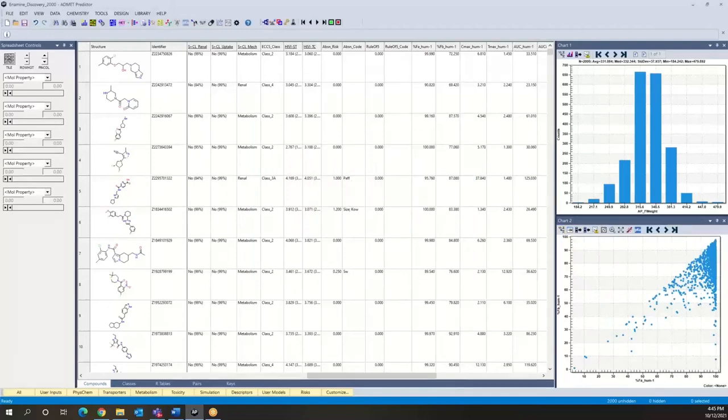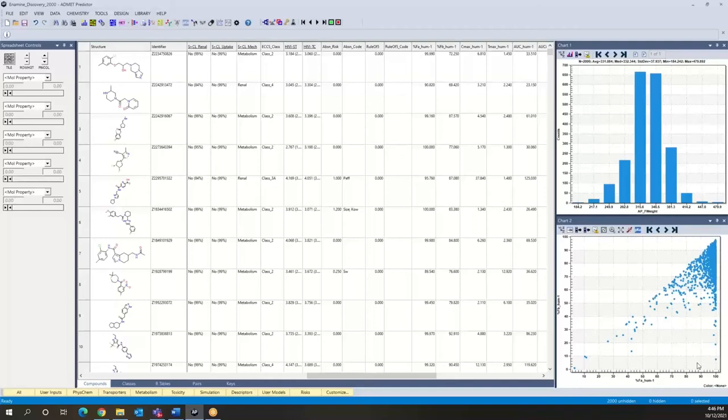So what this is showing us here is, again, percent FB on the y-axis, percent FA on the x-axis, and what we see is that on the diagonal we have compounds for which there is not that much difference between percent FB and percent FA, meaning they're not metabolized a whole lot, because that's the difference between the fraction absorbed and the fraction bioavailable in this simulation, is there's the metabolism in between the two.